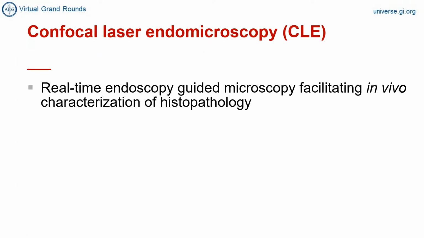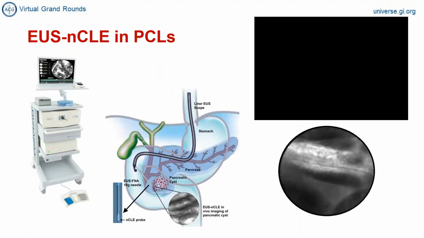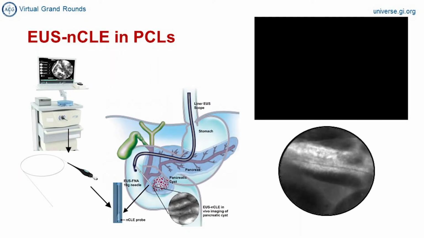The next novel diagnostic tool is confocal laser endomicroscopy, which is real-time endoscopy-guided in vivo microscopy. And here is the setup. You have the EUS scope, through which the needle is advanced, either transgastric or transduodenal.